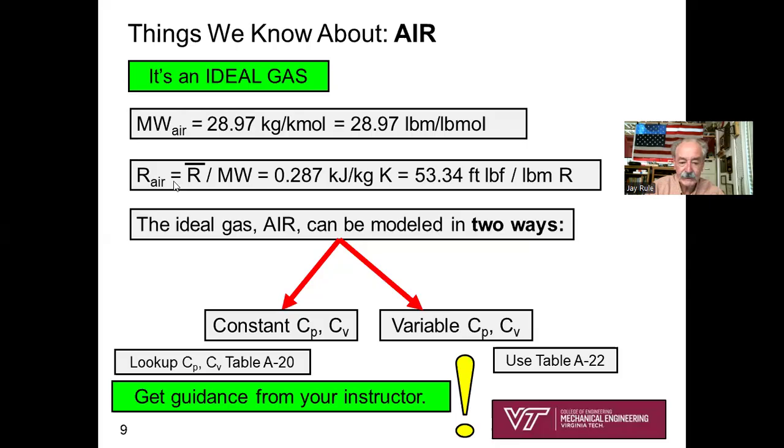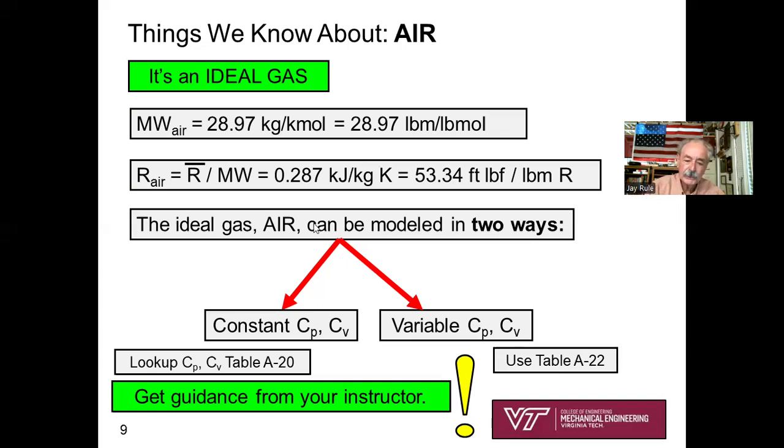R for air, well, that's R bar over the molecular weight, and that turns out to be R is 0.287 kilojoules per kilogram degree K, or 53.34 foot-pounds force per pound mass degree R. You may not have this in your head yet, but if you choose to go to graduate school and do graduate work in this type of area, ideal gas and air area, you're going to be getting that into your heads.